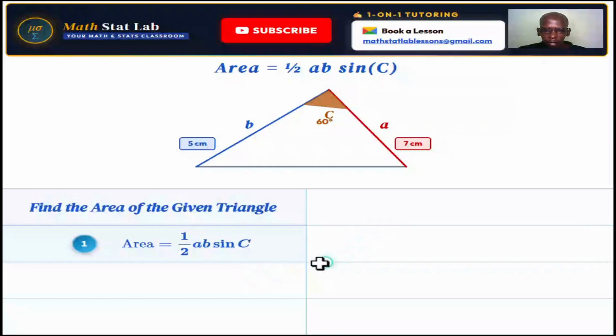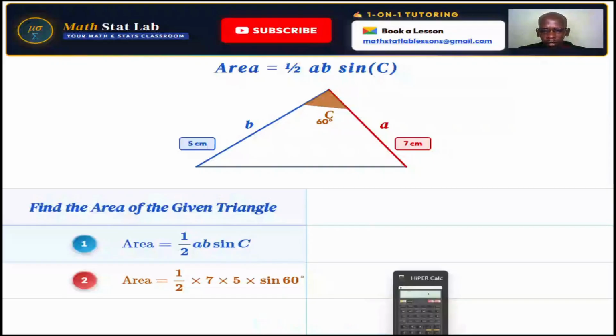Then from there, we just need to replace the values in the formula, which becomes area is equal to half multiplied by A, but we know A is 7 centimeters, so multiplied by 7, then again multiplied by B, but we know B is 5 centimeters, so multiplied by 5, then again multiplied by sine of the angle we are given, which is sine C, and we know C is 60 degrees.